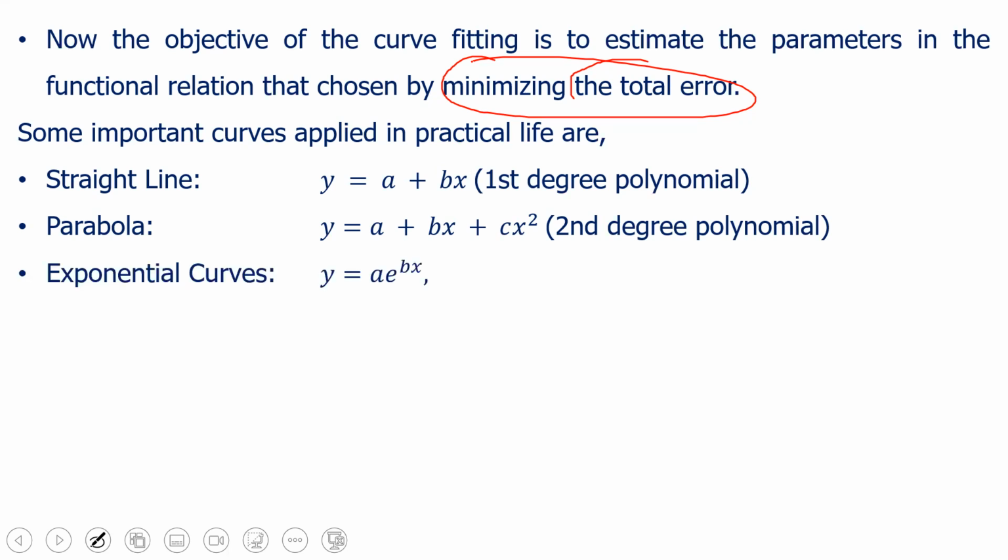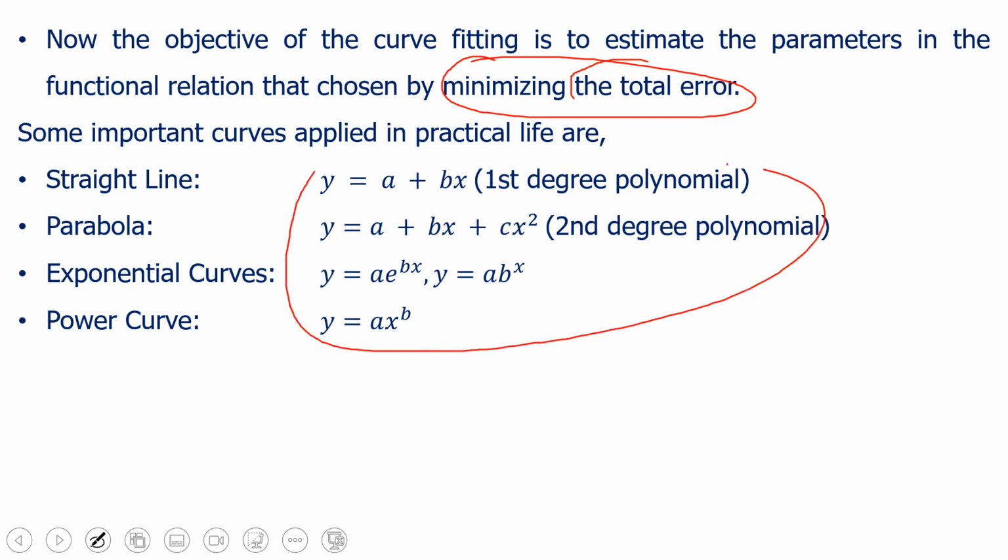Third, the exponential curve, y is equal to a e to the power bx. And the power curve, y equal to a x to the power b. So there are four types of curves, and for all four we are able to get the best fit using the least square method.